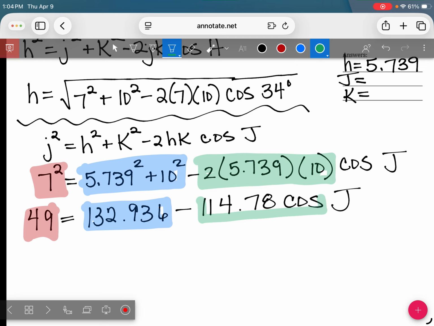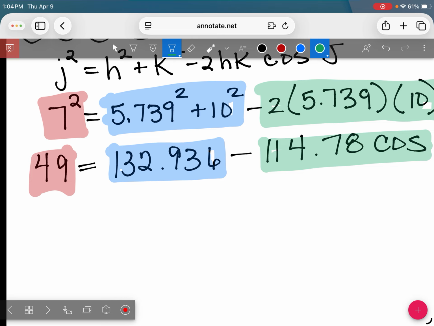The next thing I'm going to do is subtract. What am I subtracting from both sides? The blue. So let's subtract that 132.936 from both sides.